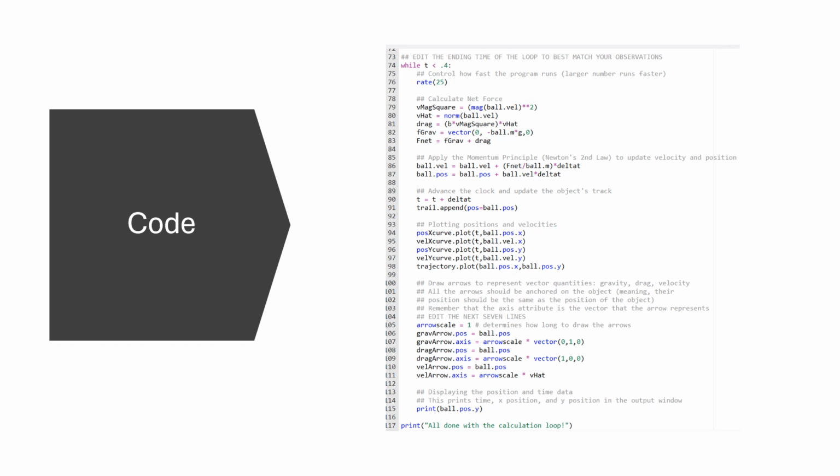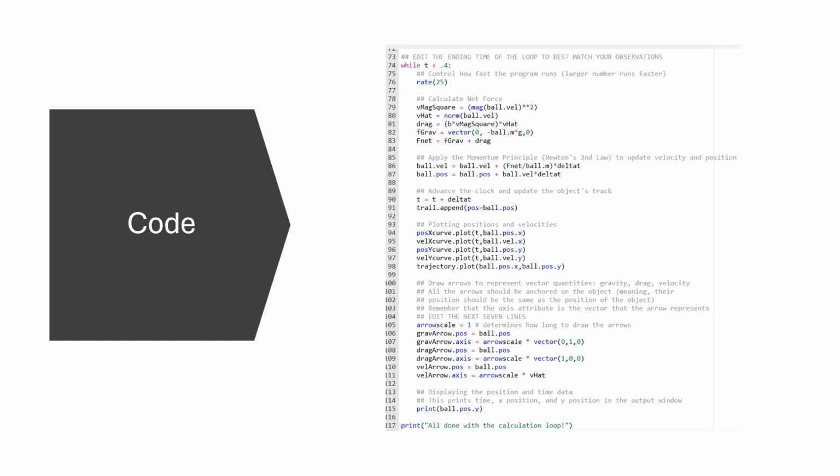And then we have v hat, which is the unit vector of our ball. And then drag is equal to the drag coefficient times this vmag squared times v hat. And then the force of gravity is the ball's mass times g. And fnet is fgrav plus drag.